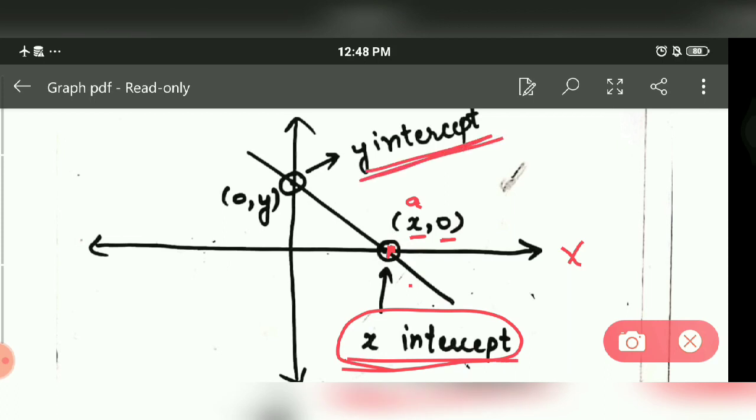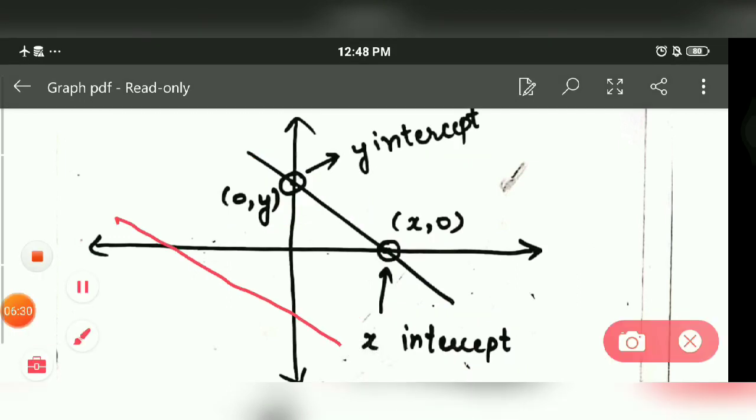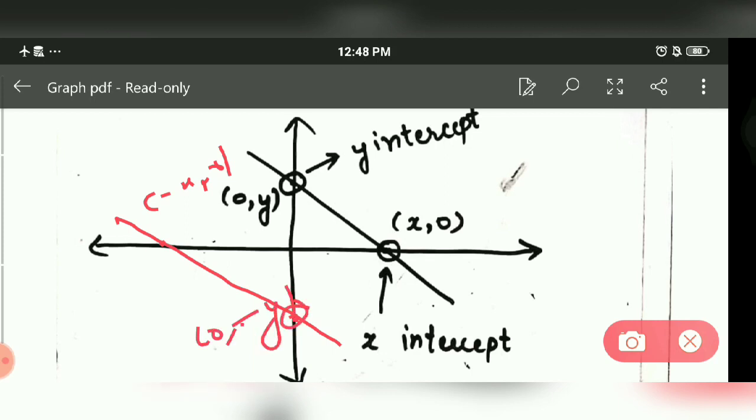The point where the line crosses the y-axis is called the y-intercept. Suppose instead of this we have another line like this. Now this is minus x, 0. This is 0, minus y. This is called the negative y-intercept. This is called the negative x-intercept. This is plus 1 and this is negative 1.